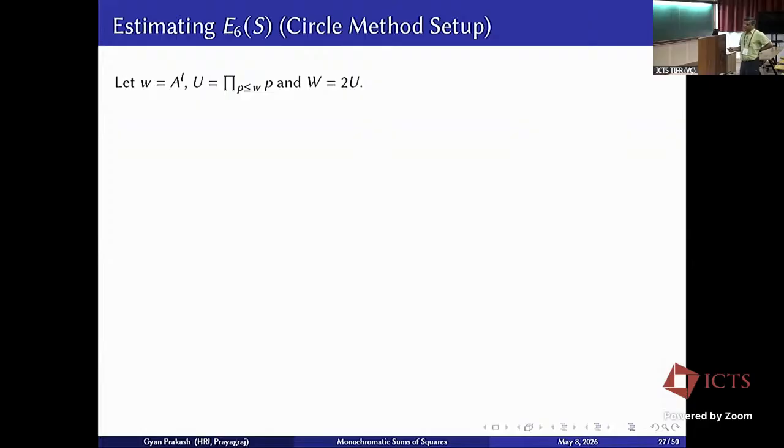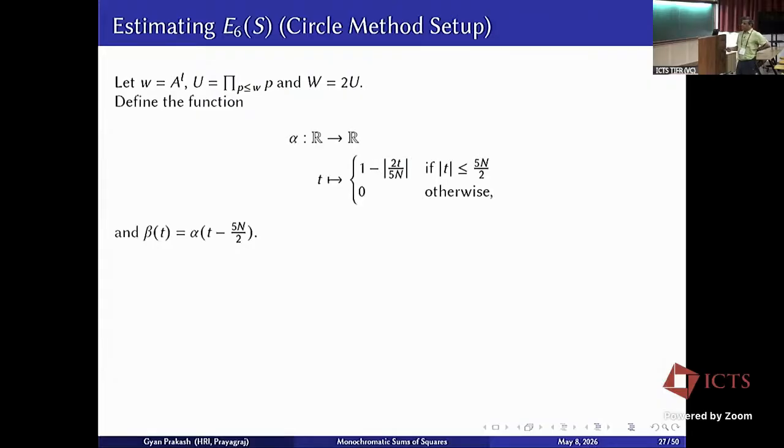You will see when we encounter certain Gauss sums, and these Gauss sums will vanish by taking this choice of W equal to 2u. So here you see in this W, I have taken almost the product of the primes less than or equal to WP, except the 2, I have taken with multiplicity 2. And that will be important when we encounter certain Gauss sums, which will vanish when we take W equal to 2u. And that is one of the vital things in the proof of this.